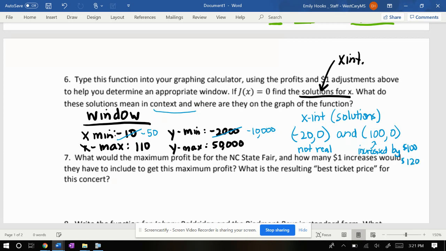Well, I'm going to make $0 profit. So at $120 for the ticket, it's $0 profit because no one's going to buy it. So no one's going to show up at my show. I'm not going to make any money. If I do -20, same thing, but again, that's not a real answer, so we're not going to worry about that.